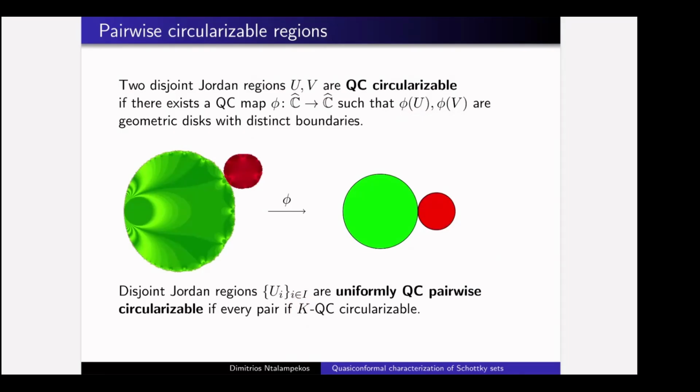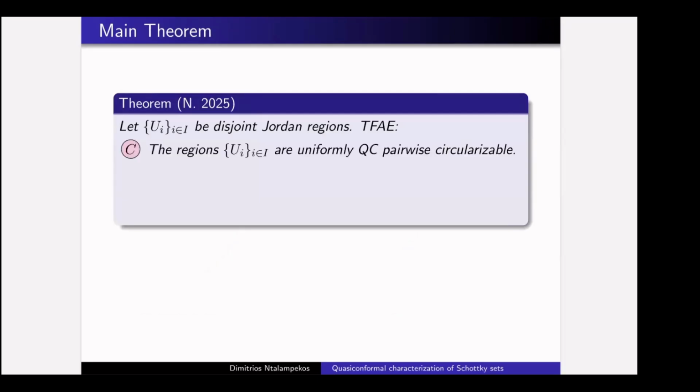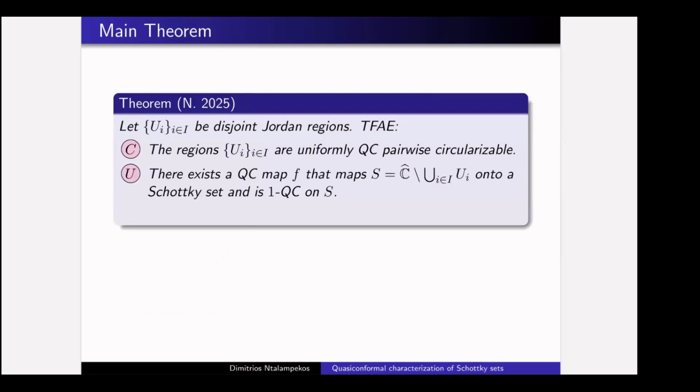Now we can state the main theorem. The main theorem says that if we have a collection of disjoint Jordan regions in the sphere, the following are equivalent. The regions are uniformly quasi-conformally pairwise circularizable if and only if we can find a quasi-conformal map from the set S, that is the complement of the regions U_i, onto a Schottky set.